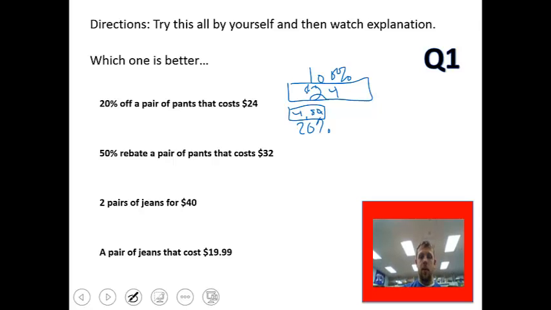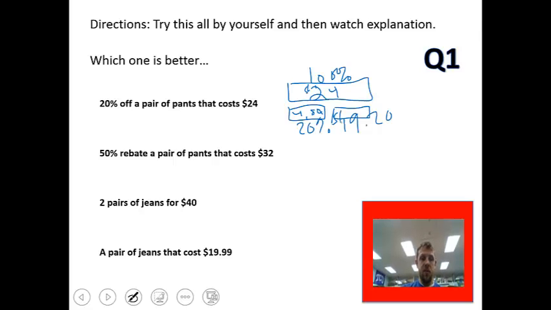Now, I know that's not what I actually have to pay, so let me figure out what I actually have to pay. I'm going to subtract $24 minus $4.80, and I get $19.20. Not bad for a pair of pants.